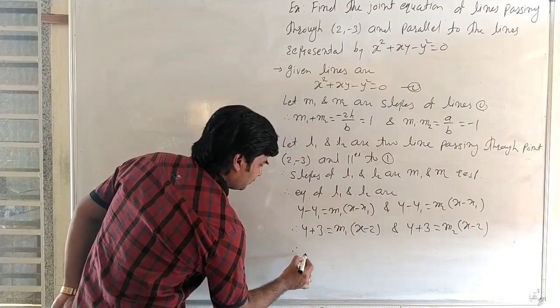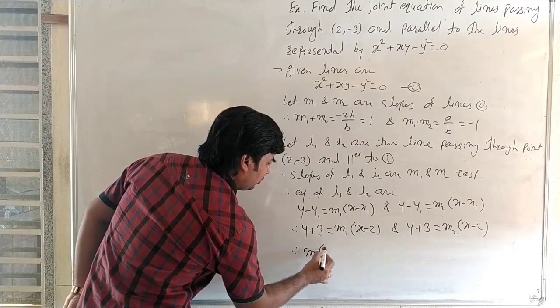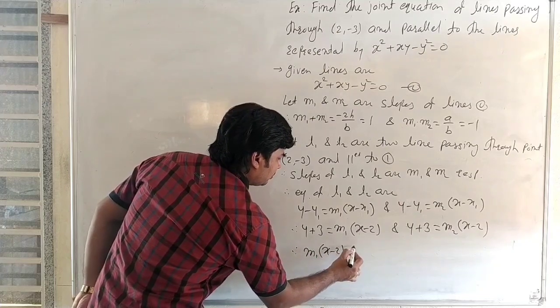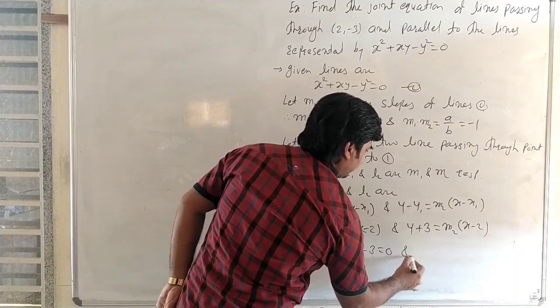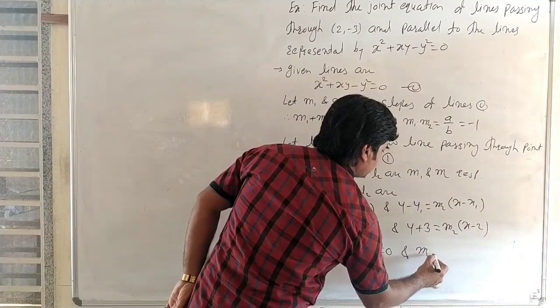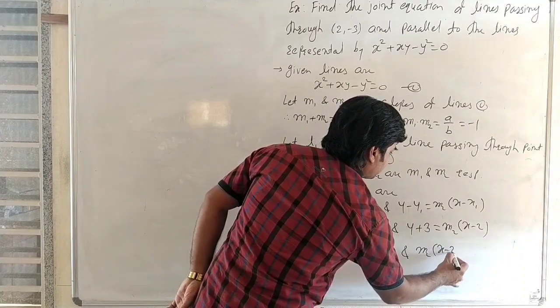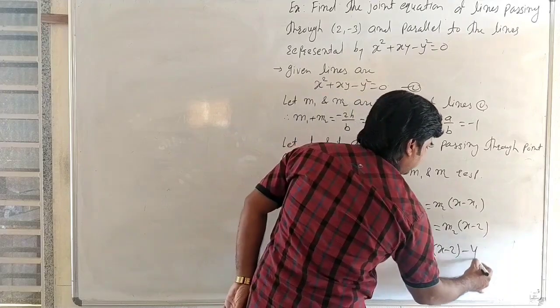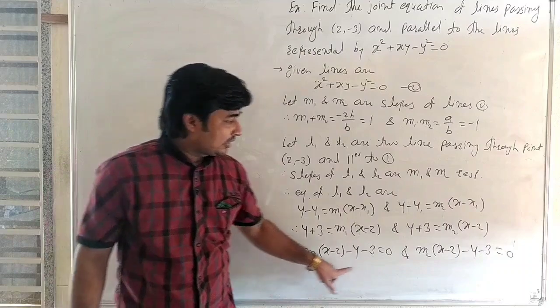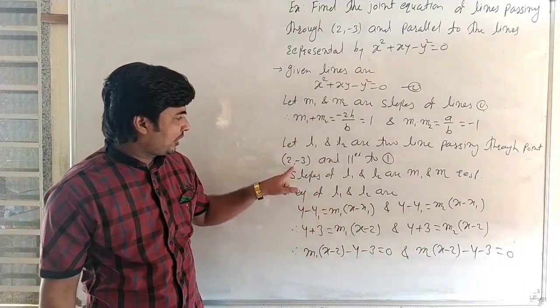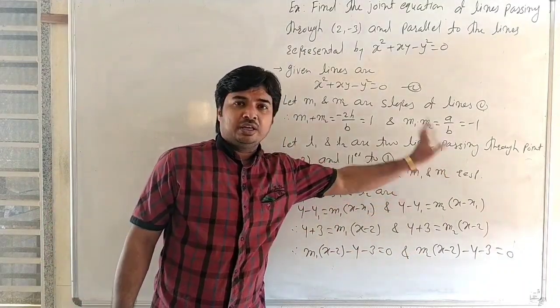Therefore, M1 into x minus 2 minus y minus 3 equal to 0, and M2 into x minus 2 minus y minus 3 equal to 0 are the two lines passing through the point and having slopes M1 and M2.